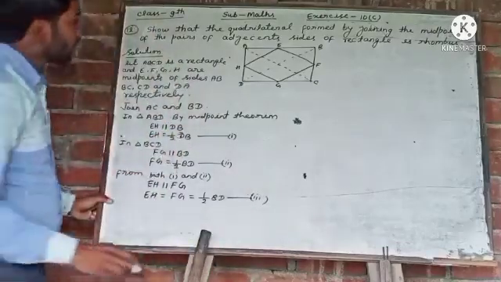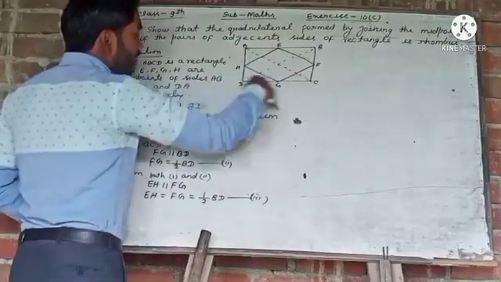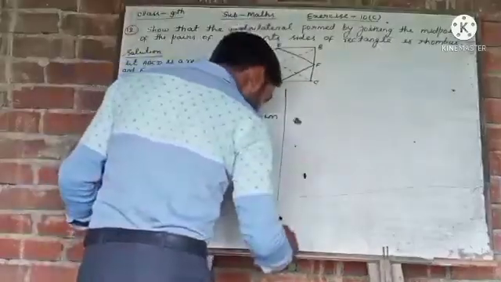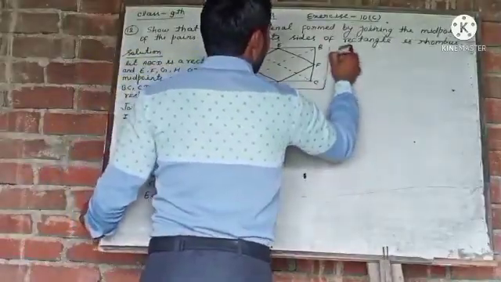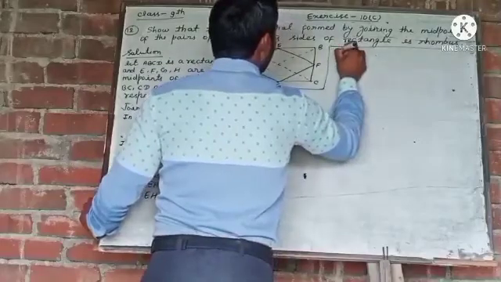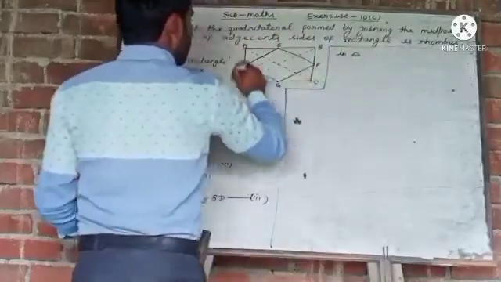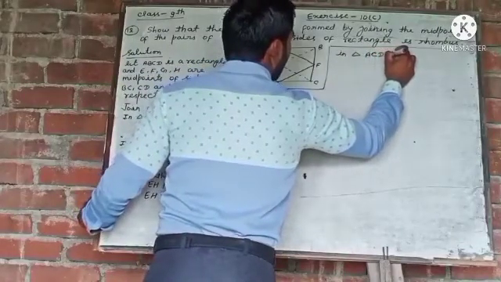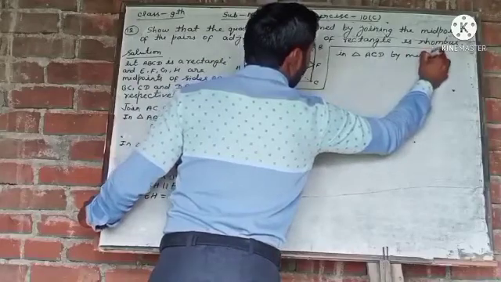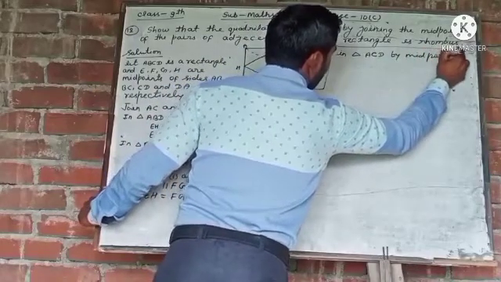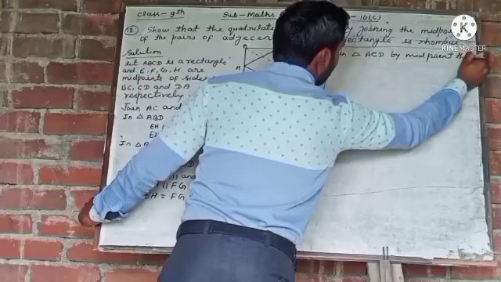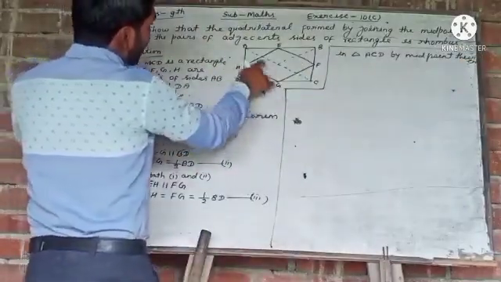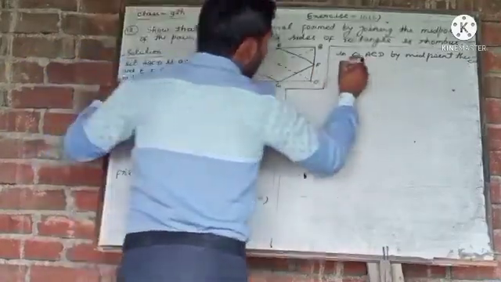Now we will consider triangle ACD and triangle ACB. In triangle ACD, by the midpoint theorem, GH will be parallel to AC and GH will be half of AC.